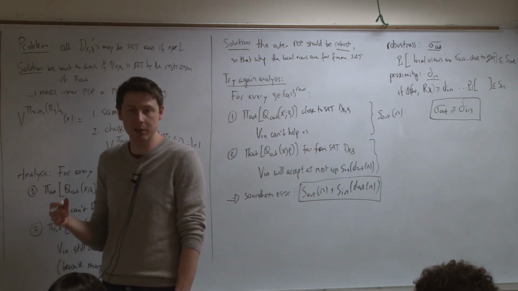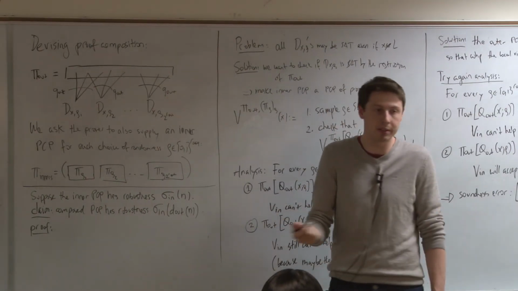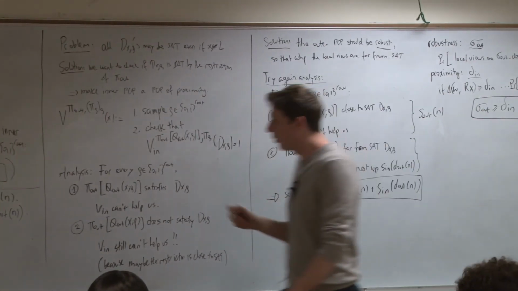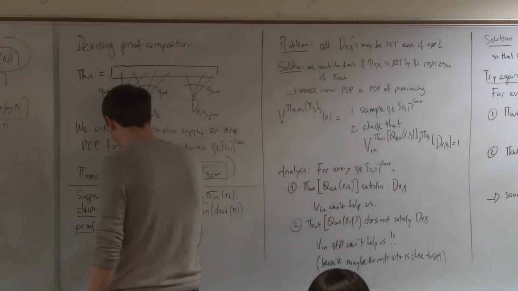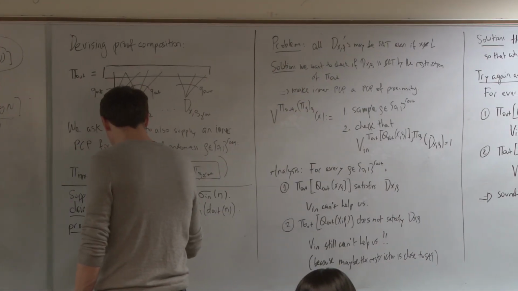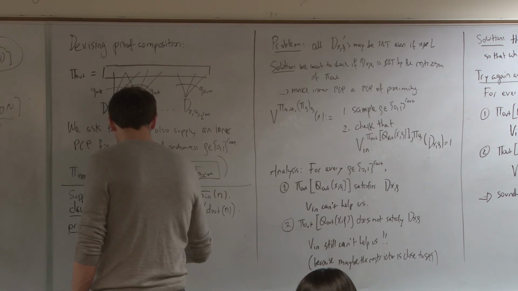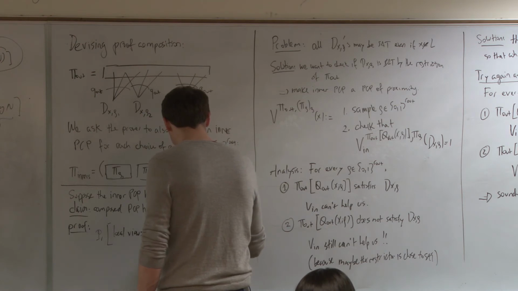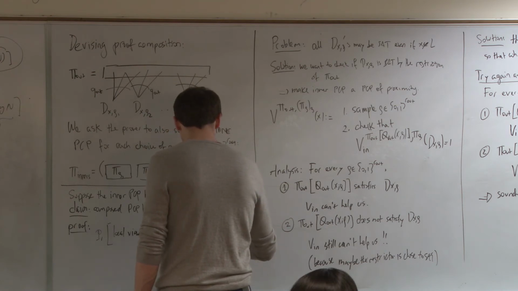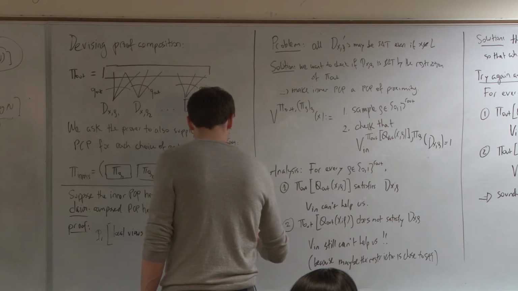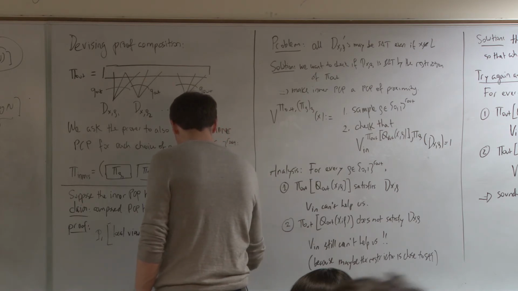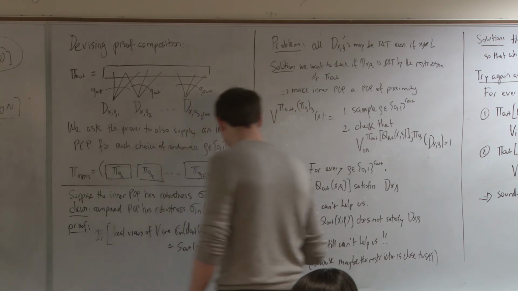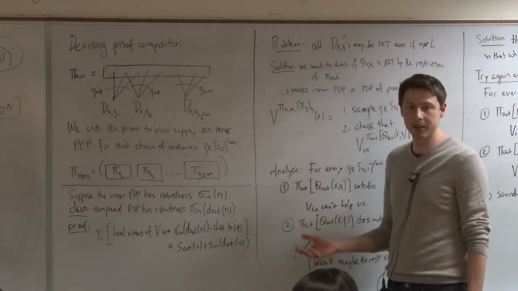Now, of course, the corresponding soundness error for this one is the one we already derived, this one, right? So overall, what we see is that the probability that local views of the composed V of V are sigma in D out and close to SAT is at most S out of N plus S in D out of N. It's direct, right?